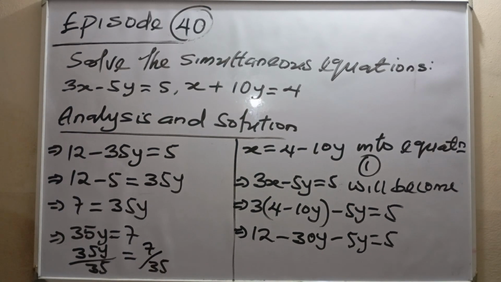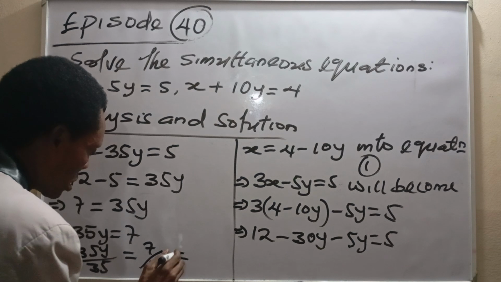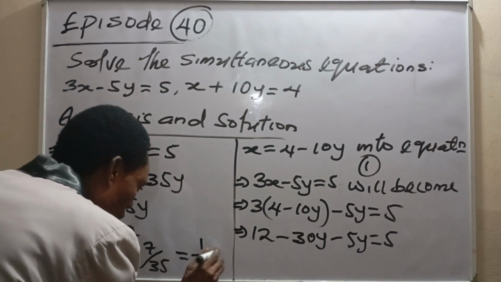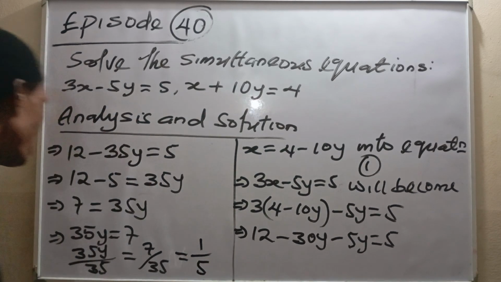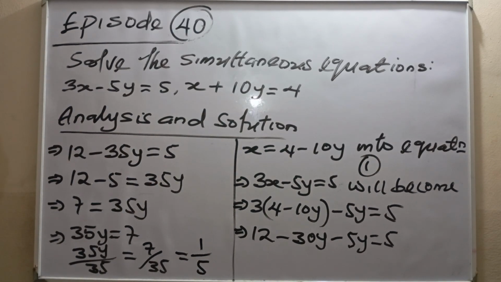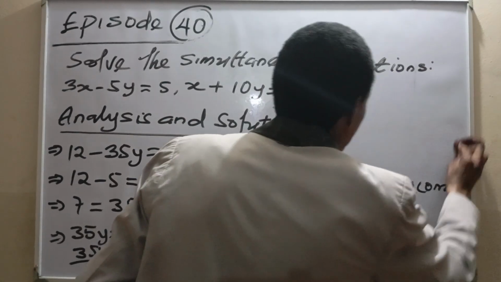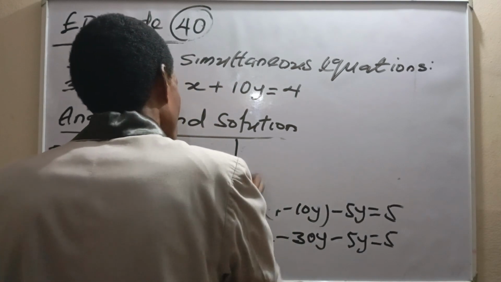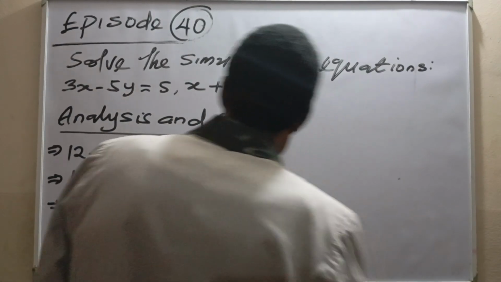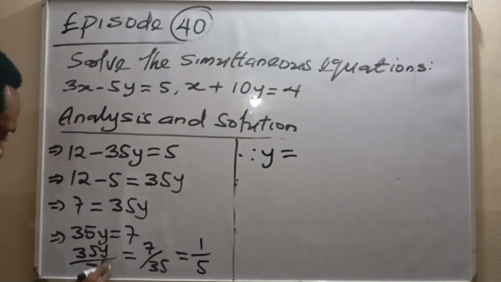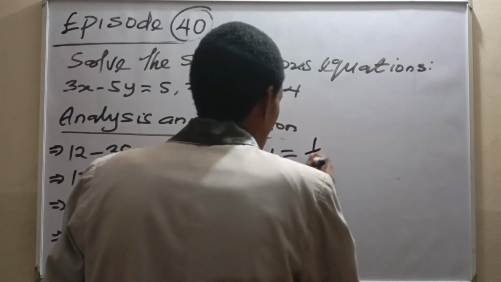Which gives us y equals 7 over 35. The 7 can divide 35: 7 into 7 gives 1, and 7 into 35 gives 5. Therefore, because this has cancelled, y equals 1 over 5.